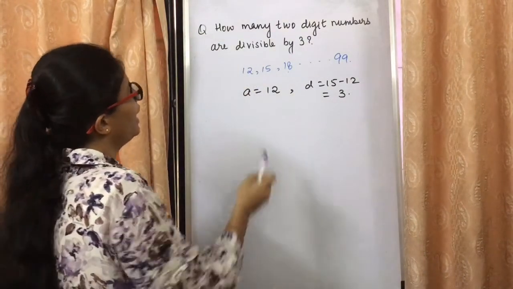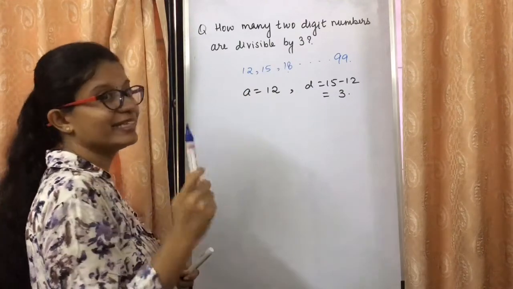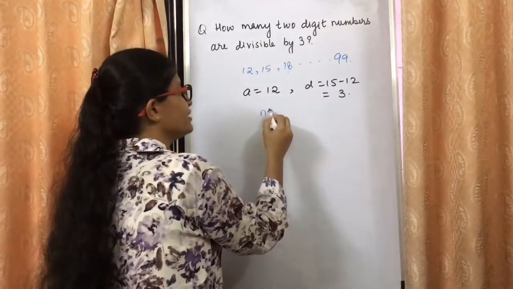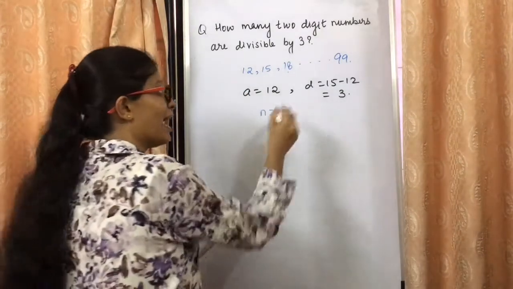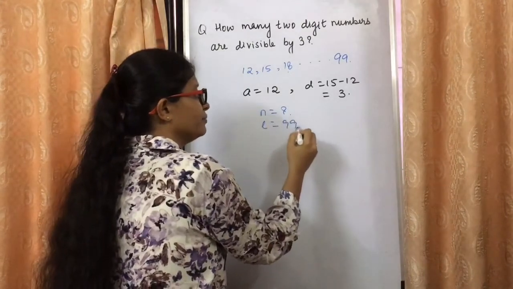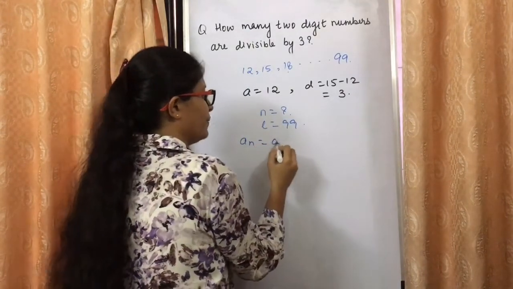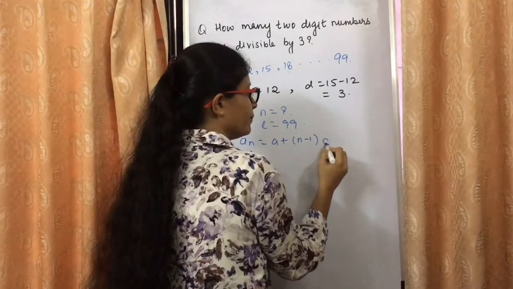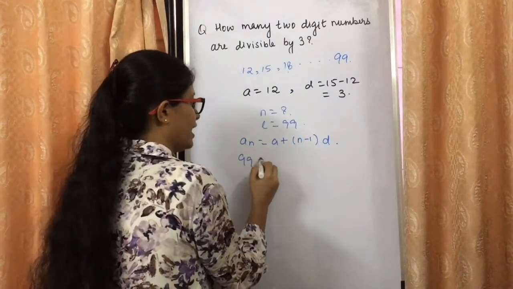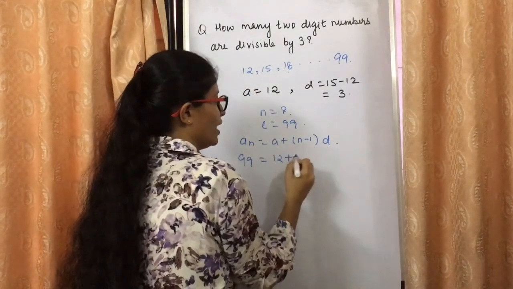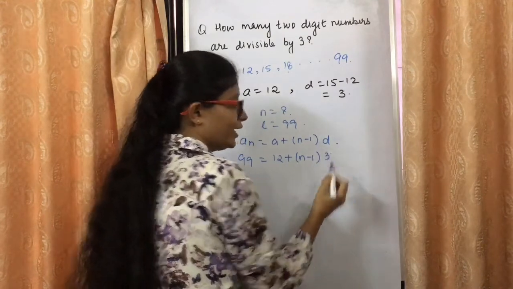A has come, D has come. What have we been asked? How many terms, meaning n, where the last term is 99. So we have the formula A plus n minus 1 into D, which is 99. A is 12, plus n minus 1 into 3.